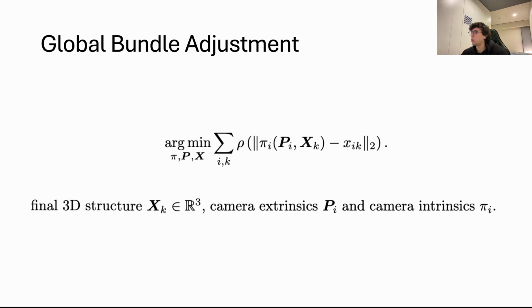And I guess we all know that bundle adjustment is basically just minimizing the projection error between the projected points and the actual points.